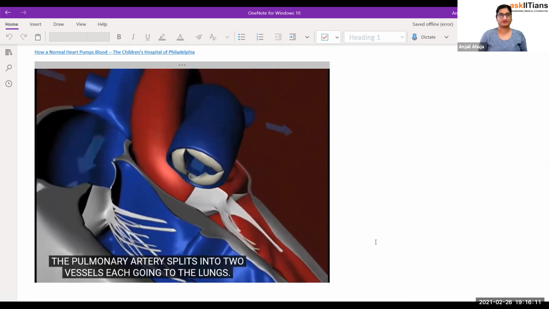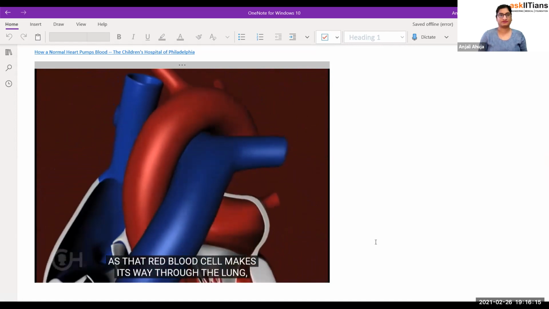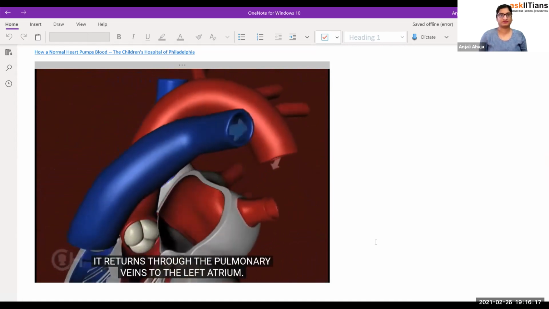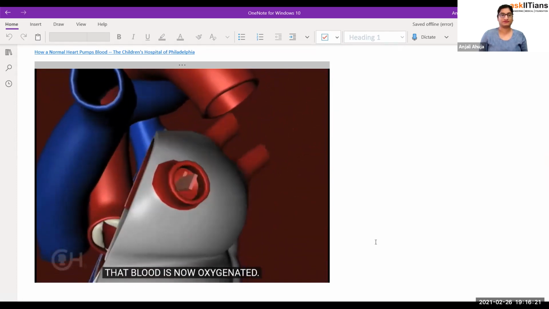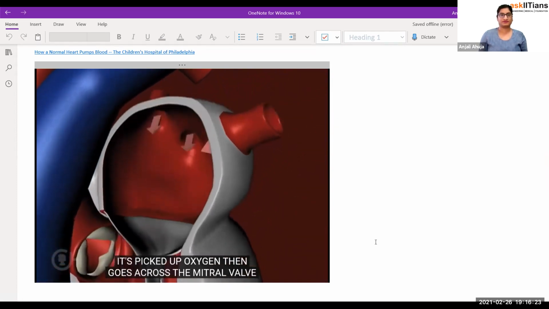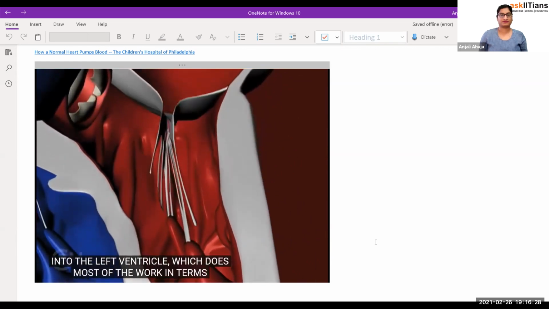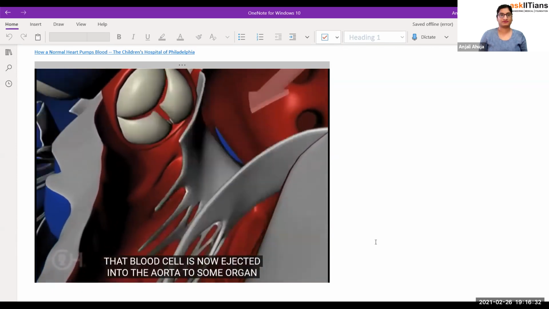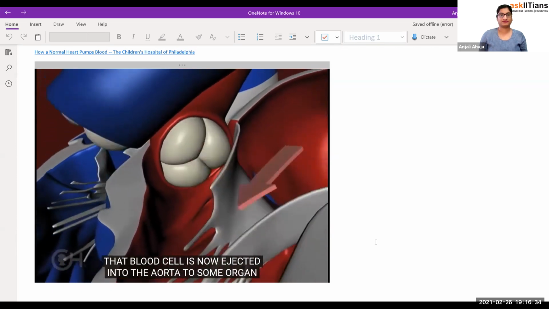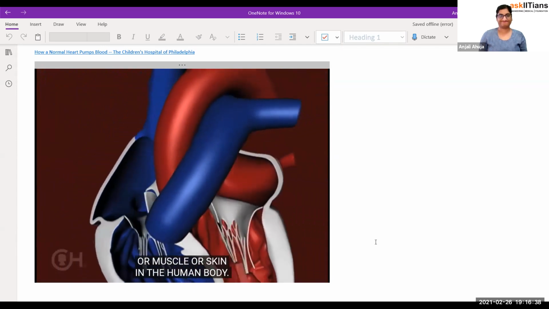The pulmonary artery splits into two vessels, each going to the lungs. As that red blood cell makes its way through the lung, it returns through the pulmonary veins to the left atrium. That blood is now oxygenated. It has picked up oxygen, then goes across the mitral valve into the left ventricle, which does most of the work in terms of delivery of blood flow to the body. That blood cell is now ejected into the aorta to some organ or muscle or skin in the human body.